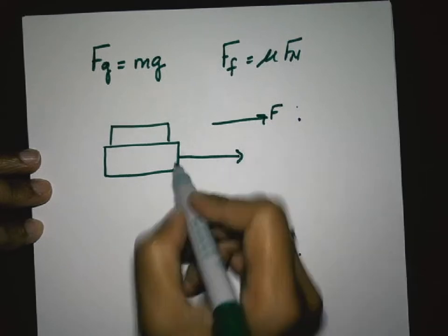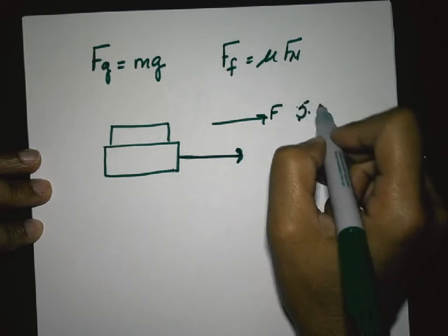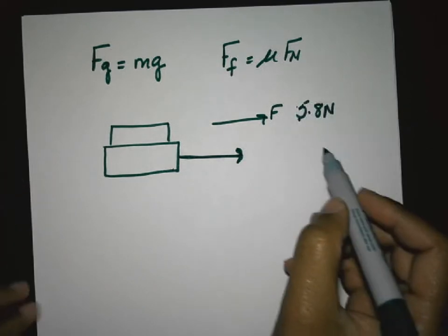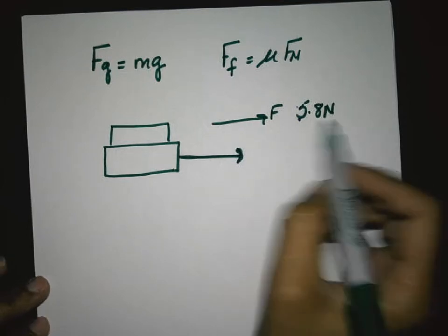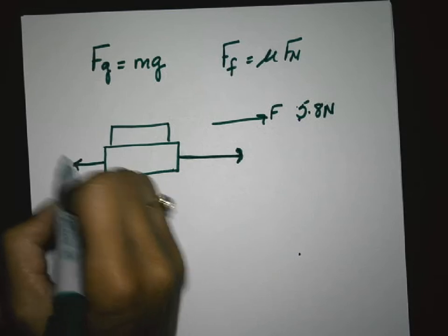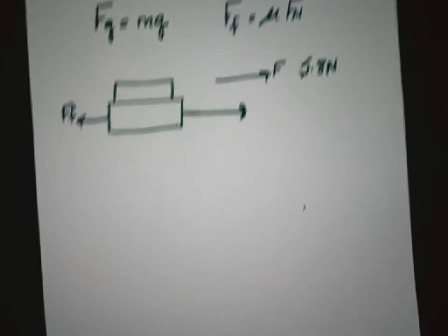I can get force off of it. And when I pulled it horizontally, it read about 5.8 newtons. And I pulled it at constant velocity. Since it's at constant velocity, I know the 5.8 of the pull had to equal force of friction. So I know friction was also 5.8 because it's at constant velocity.